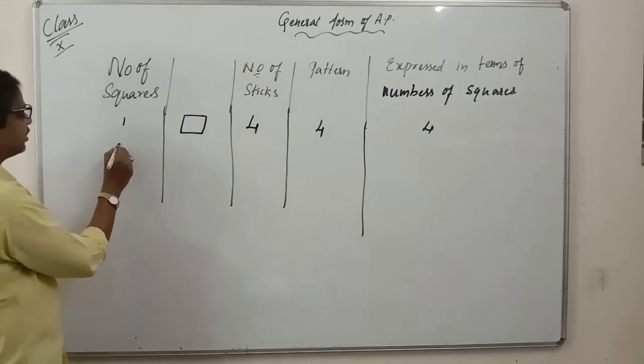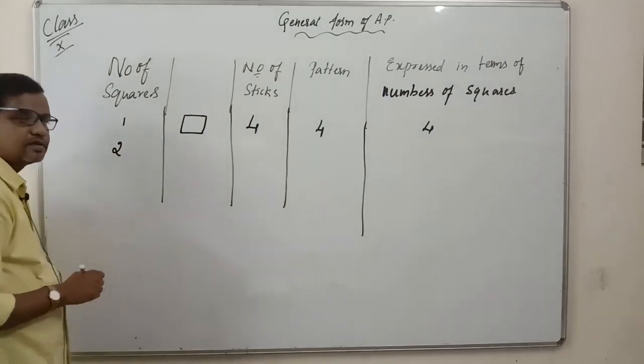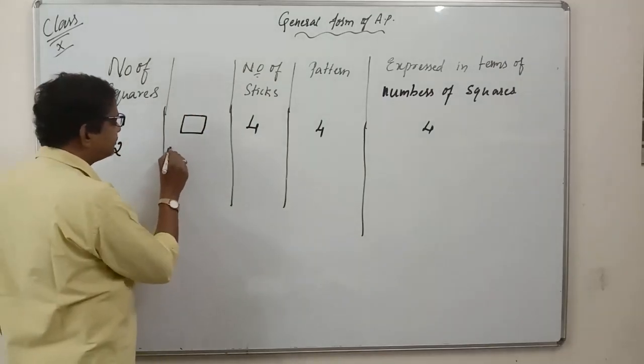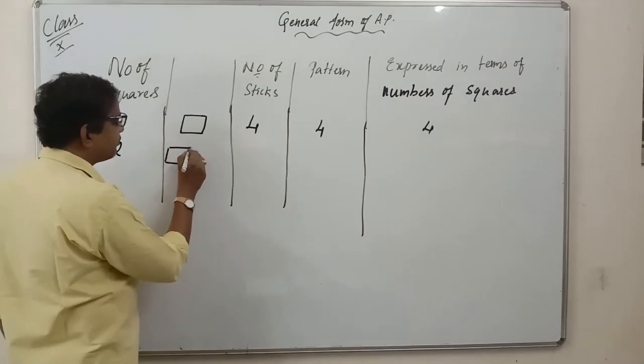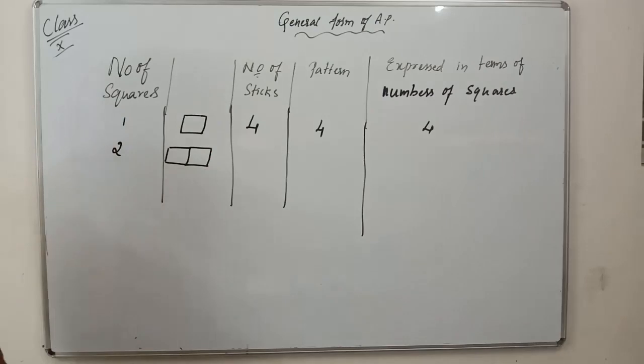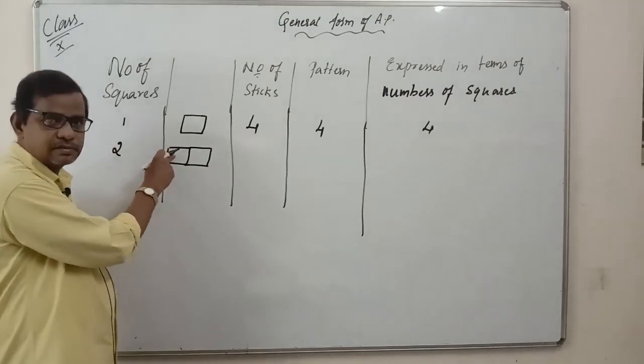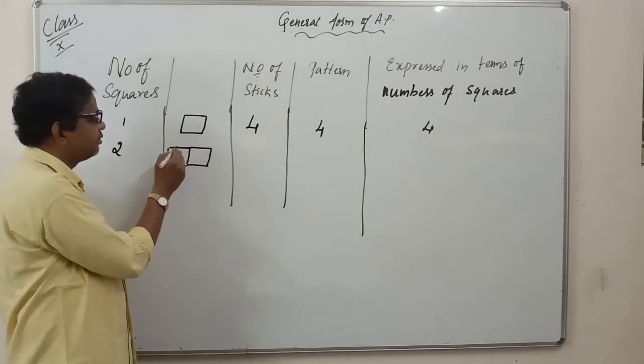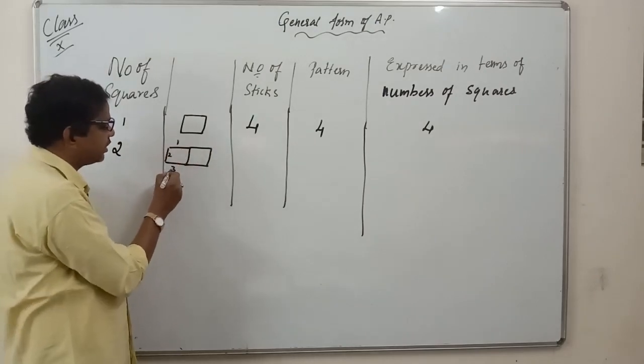If you come to the second one, if you want a second square, now tell me how many sticks are there here? First we have 4, this is 1, 2, 3, 4.